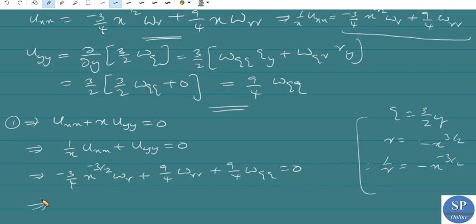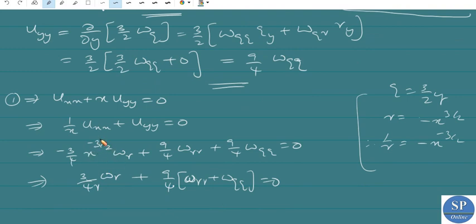So this can be expressed as 3 by 4 into 1 by r into w_r plus 9 by 4 into w_rr plus w_qq equal to 0. Thus we have eliminated this x also. So it is only a function of q and r.